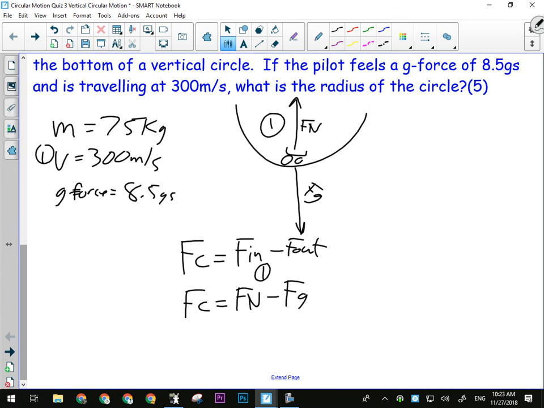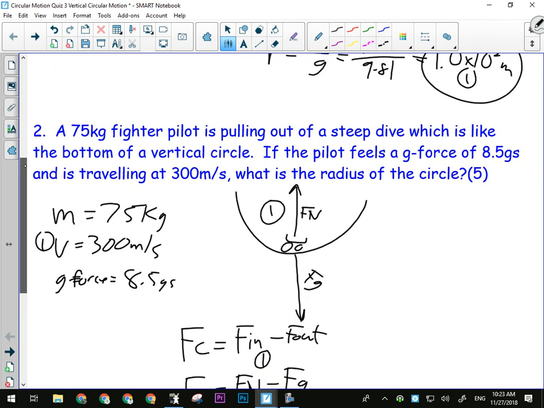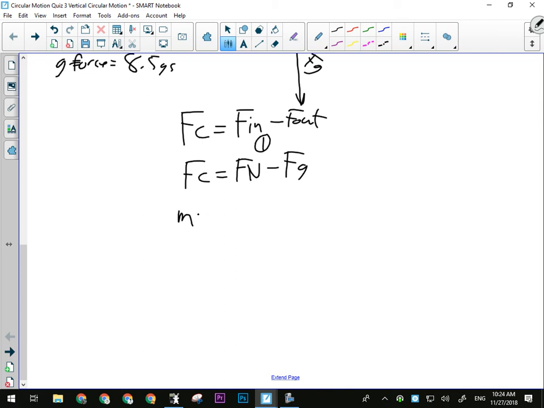If we're looking at this from this perspective, what were we trying to find here again? We're trying to find the radius of the circle again. So we have mv squared over r equals, how heavy do they feel? It says they're pulling 8.5 Gs.